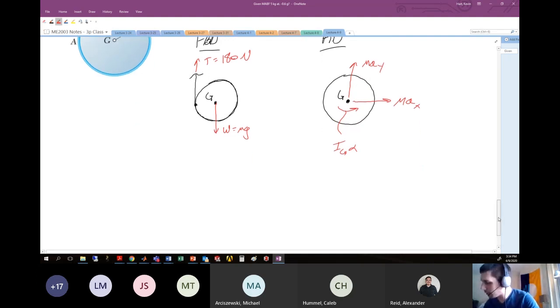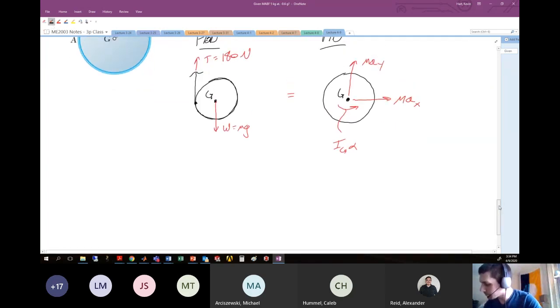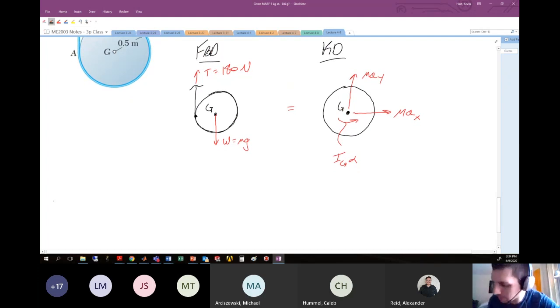Now we're ready to equate these and use our kinematics. The sum of the forces is ma, and the sum of the moments is Ig alpha. Let's first start with the sum of the forces in x.